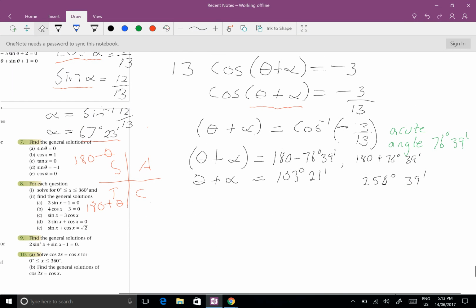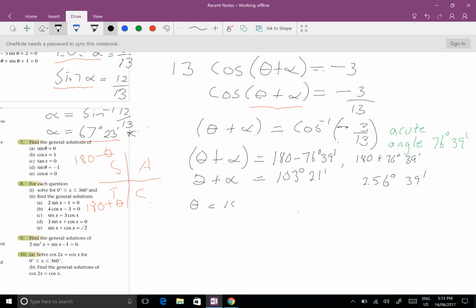We're almost there. I'm just going to fix that up just in case I make a mistake. So now I've got the answers, but I still haven't got theta. I've got to minus the alpha. Remember, I've got alpha over here.